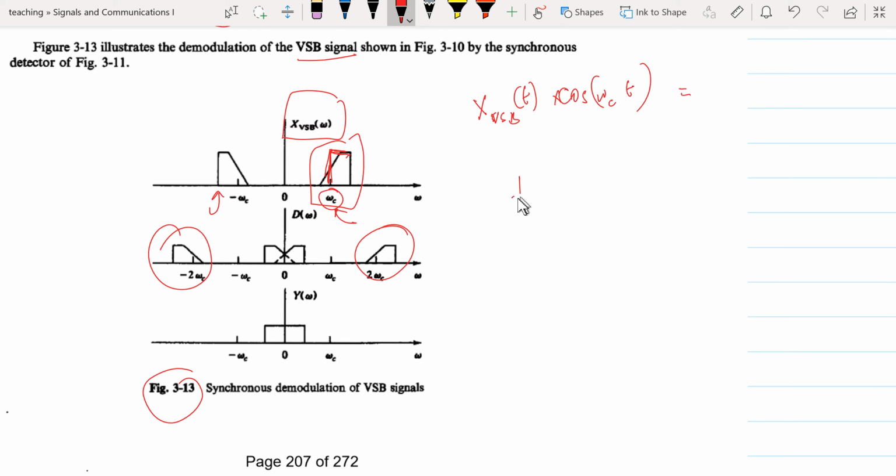One is m(t) centered at zero frequency, plus another one that is cos 2 omega c t centered at twice the carrier frequency.